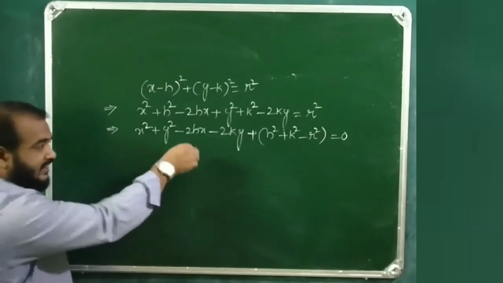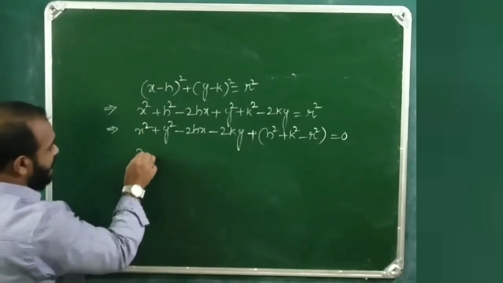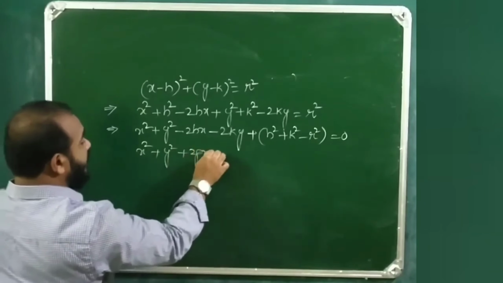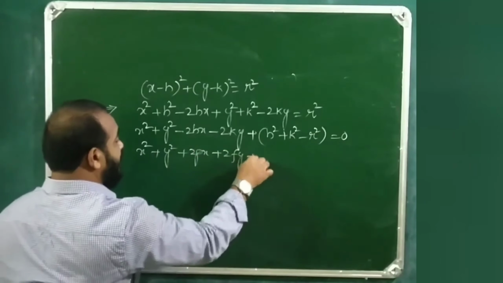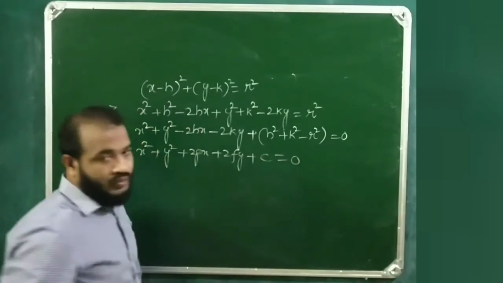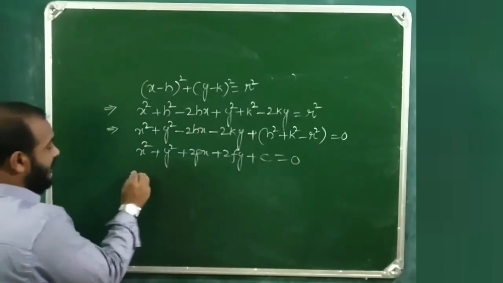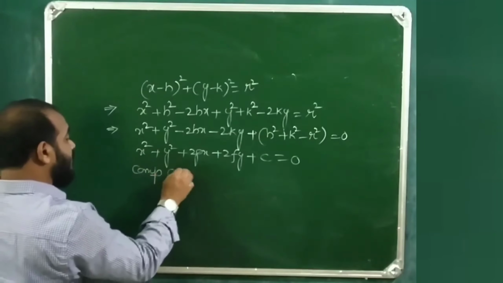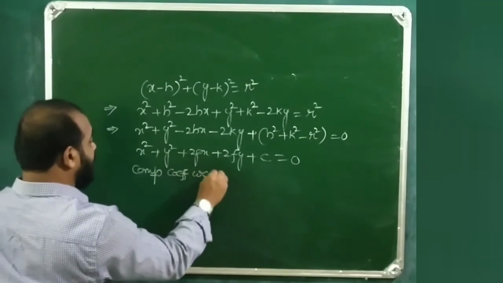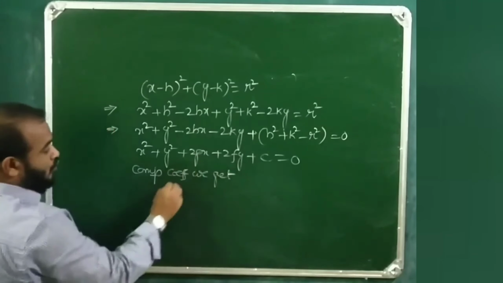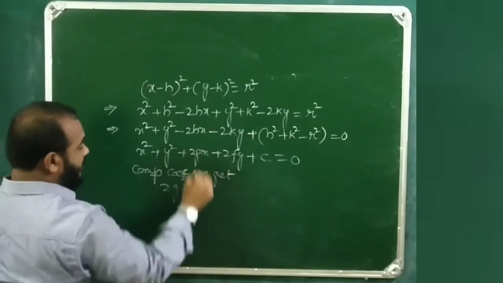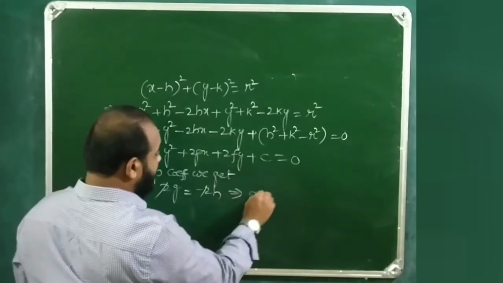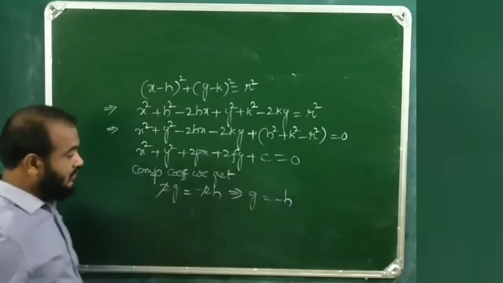Let us compare this with the equation x square plus y square plus 2gx plus 2fy plus c equals 0. Then, comparing coefficients, we get 2g is equal to minus 2h. So both get cancelled. g is equal to minus h.